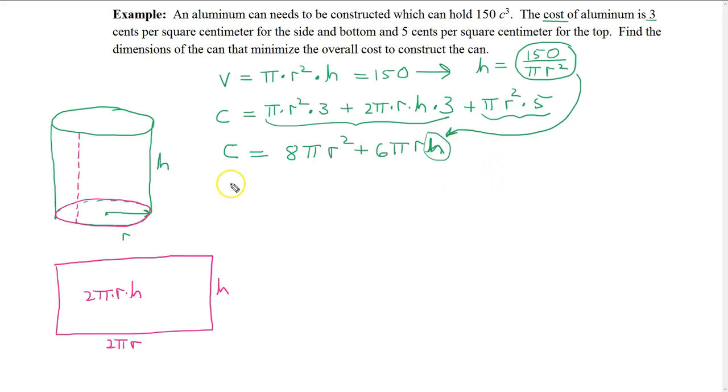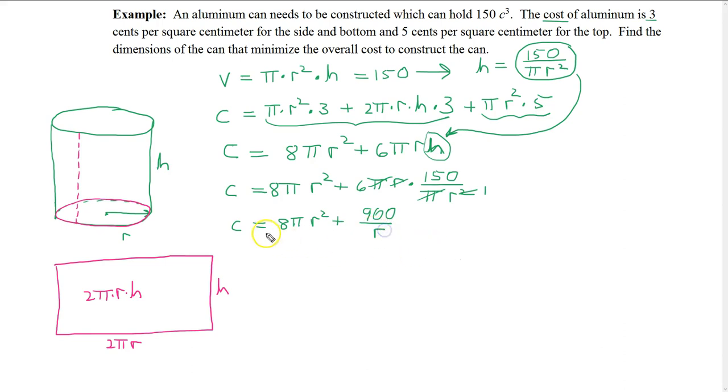And so our cost equation simplifies to, and we can simplify this a bit, and we get, and this is the function that we have to minimize.